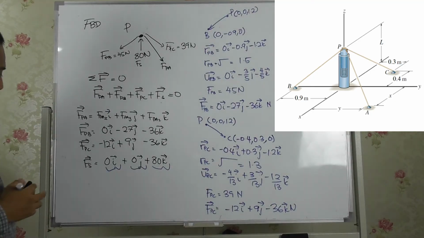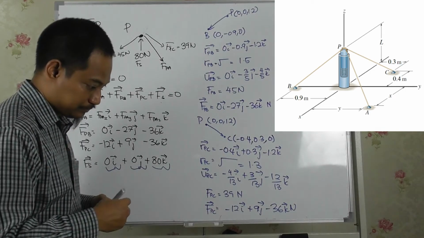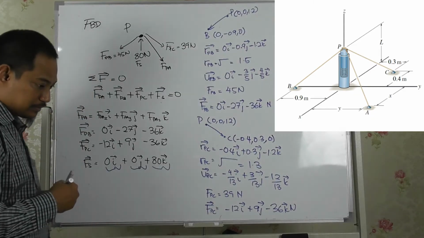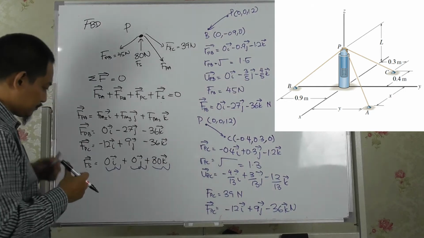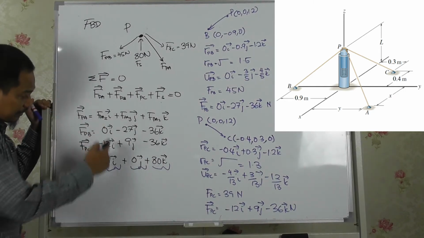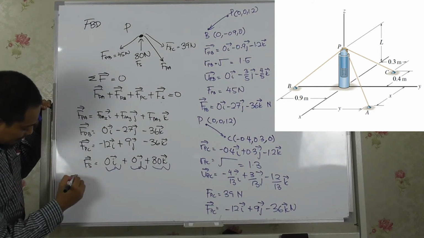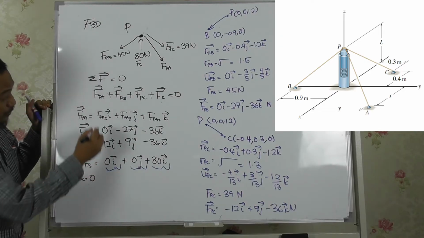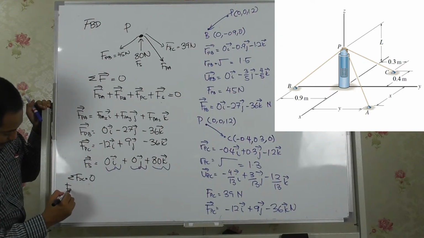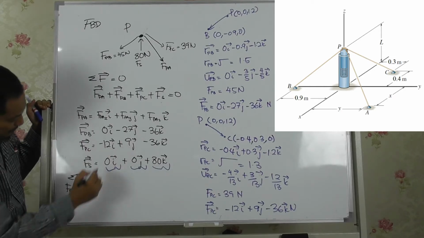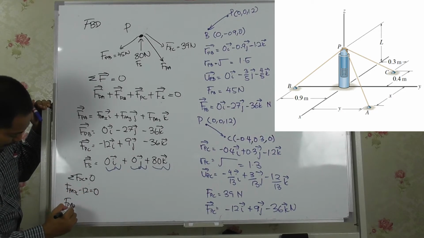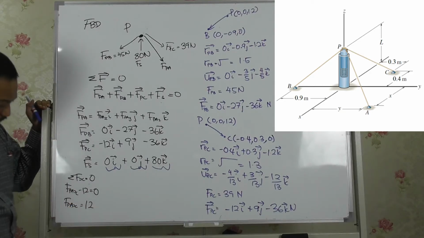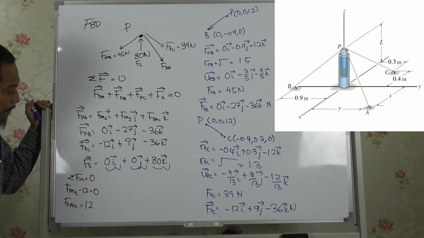So if you do the summation of Fx equal to 0, basically you have FPAx minus 12 equal to 0. So FPAx equal to 12 Newton, right?